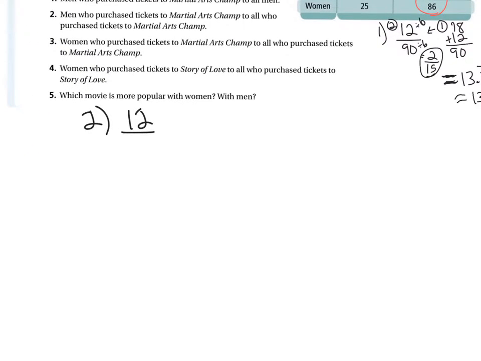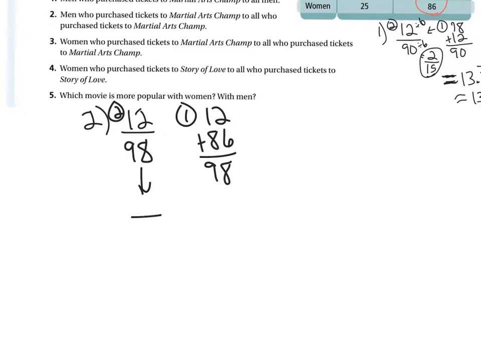And again, even though that's a simple calculation, we would still want to write that on our paper. Okay, so we got 12 out of 98, and then we can reduce that. Reduced by 2 would be 6/49.